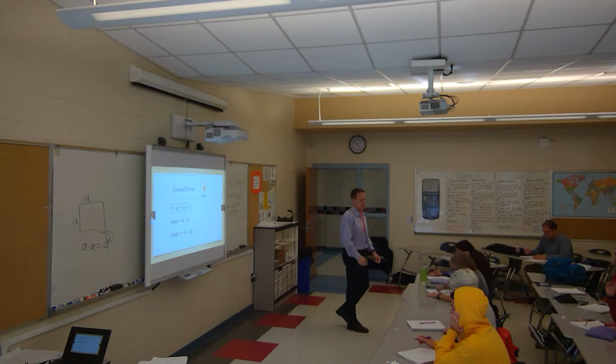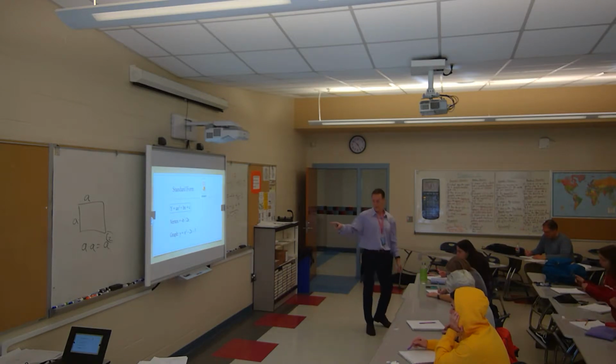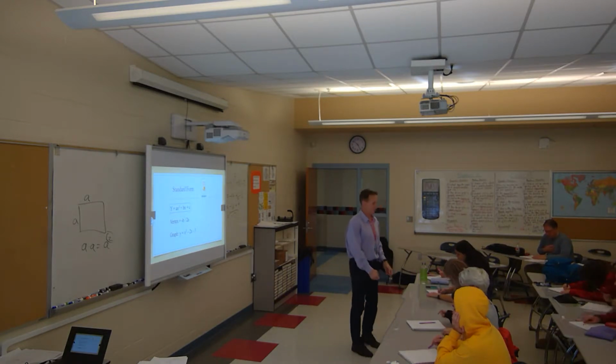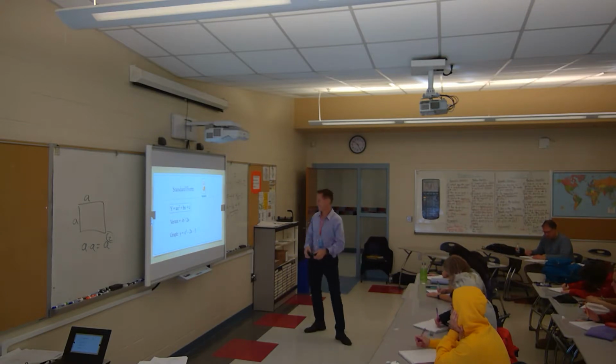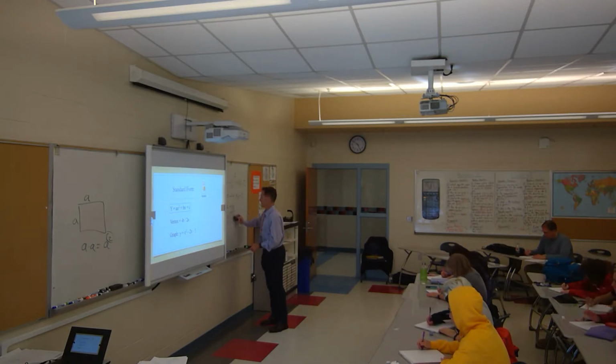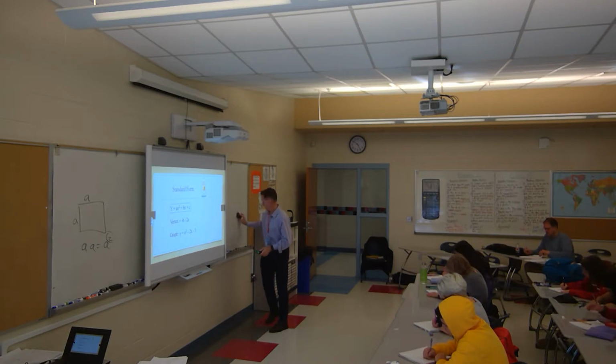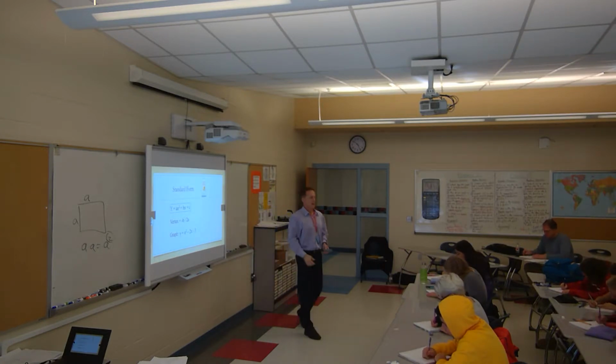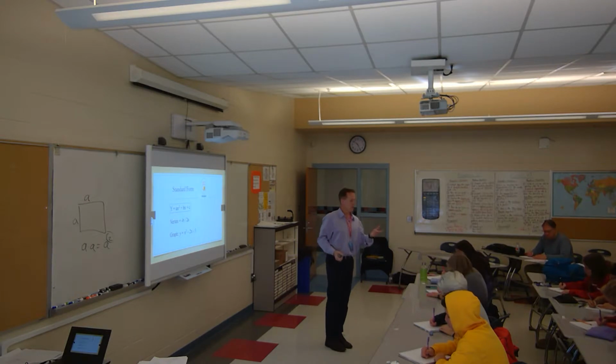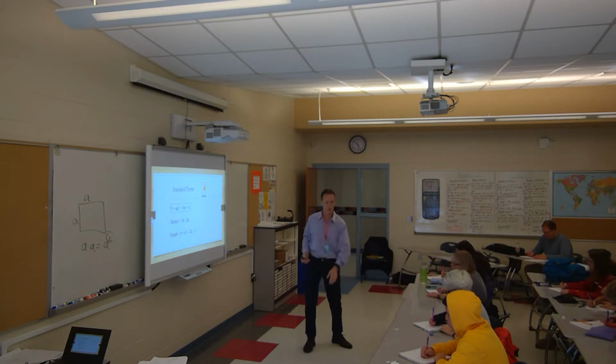So, with that said, we're going to graph together x squared minus 2x minus 3. And remind us, what's the first point we're looking for? Vertex. Let's do it.